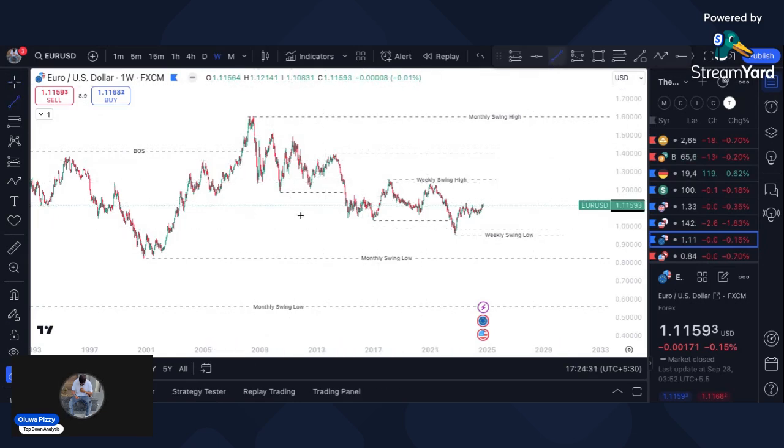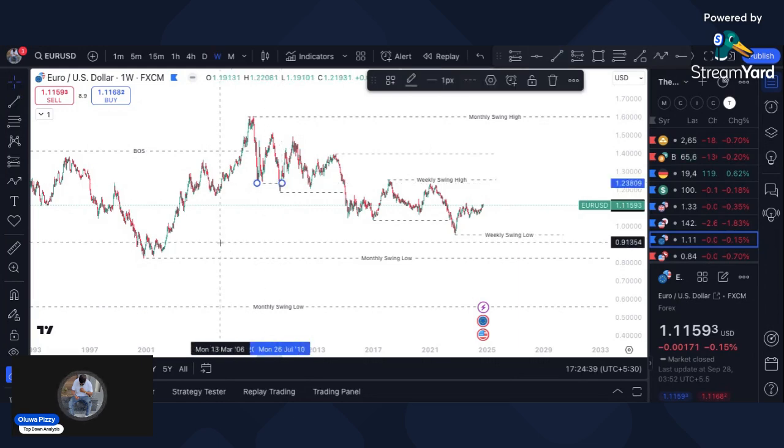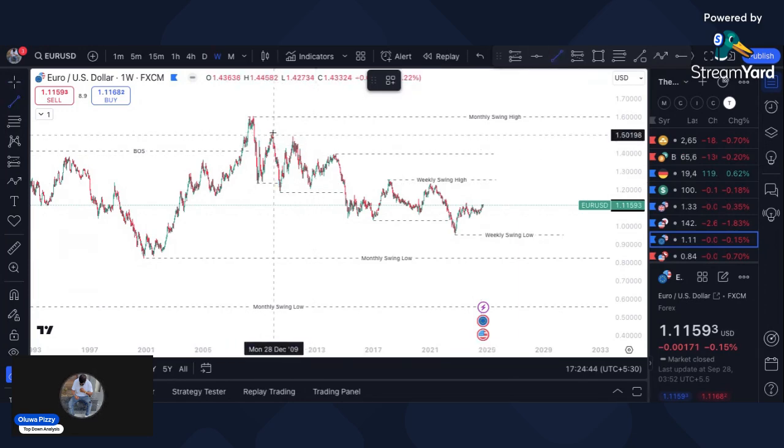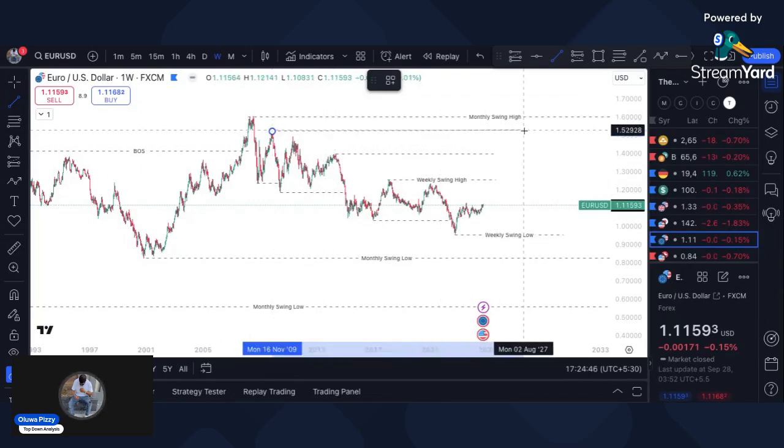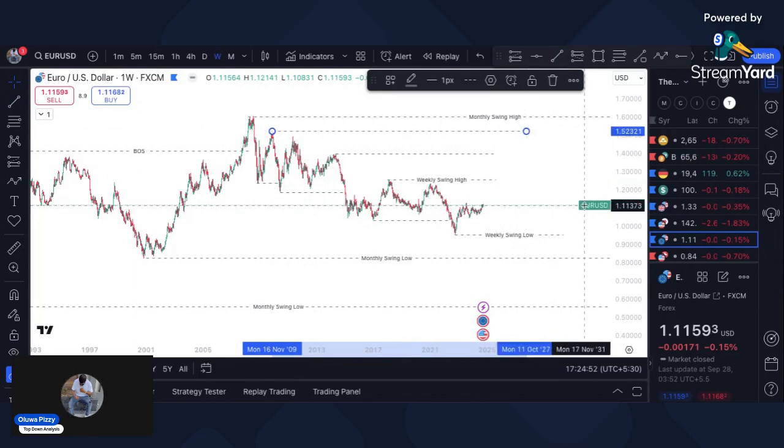Do not forget what I taught you earlier: anything that happens on a higher time frame has already occurred on a lower time frame. So the lower time frame aligns with the higher time frame. Before the change of character happens or the structure is broken, it will happen on a lower time frame before manifesting on a higher time frame.